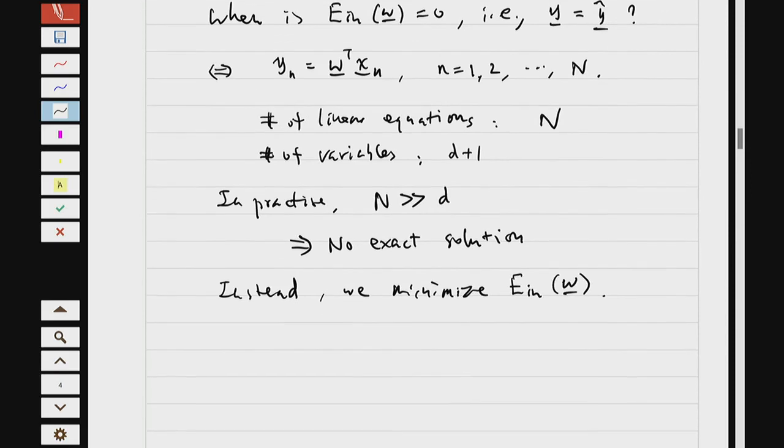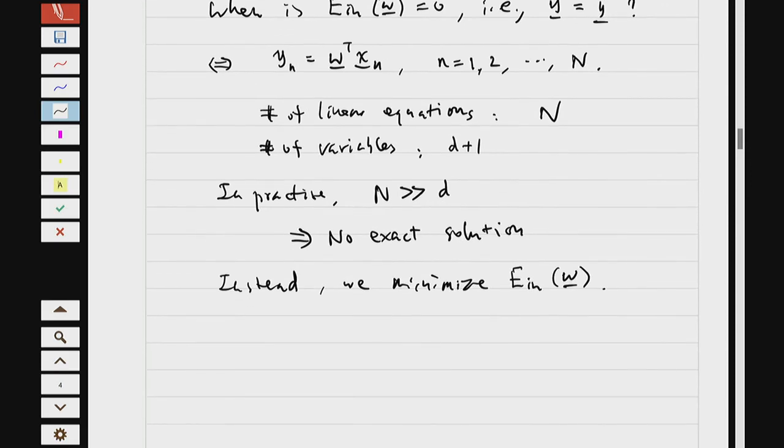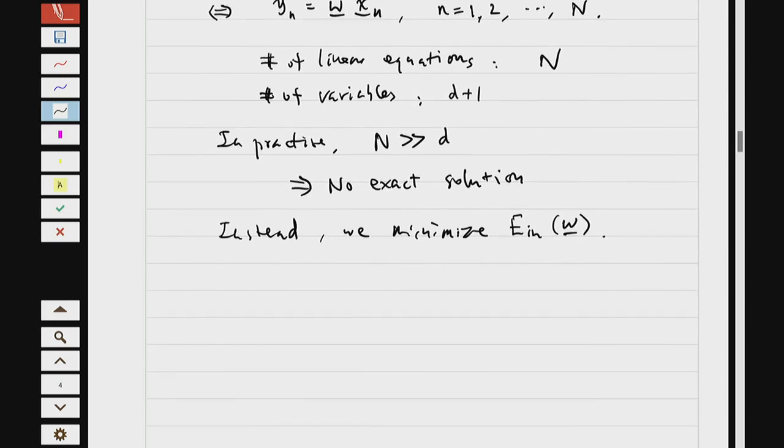And the method we will use is called the least squares method, or the least squares solution to this minimization problem. Basically we have a bunch of squares, the sum of squares, and we want to minimize that.